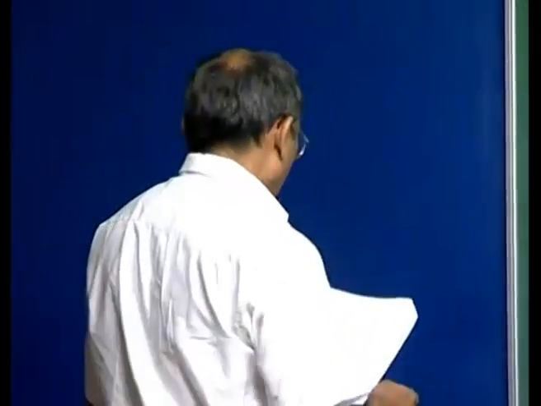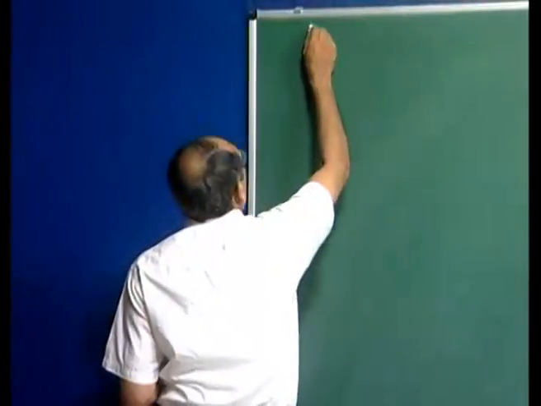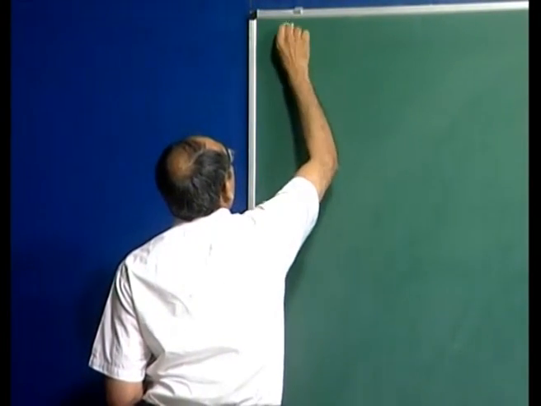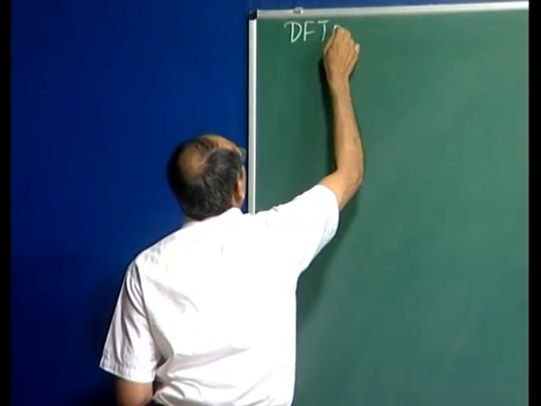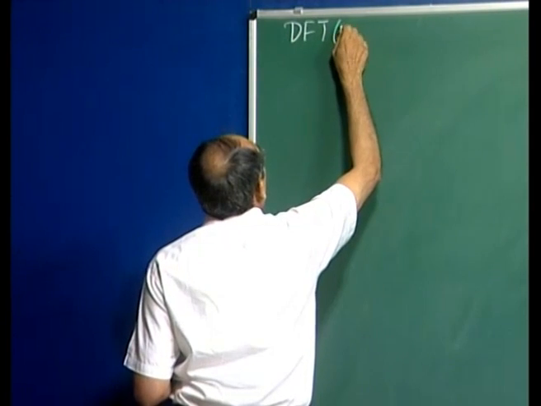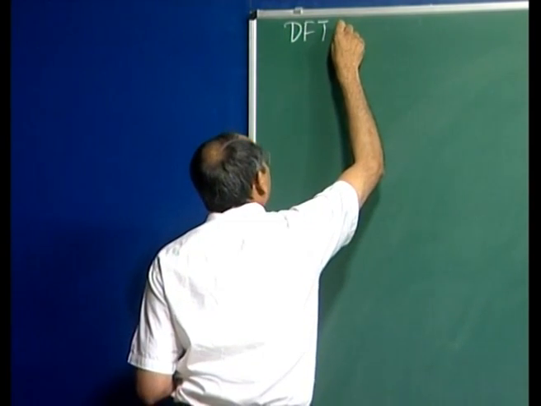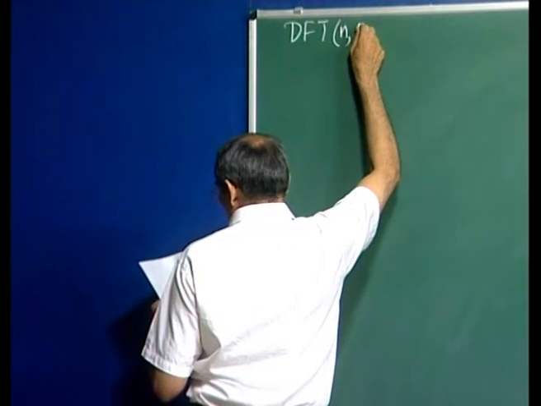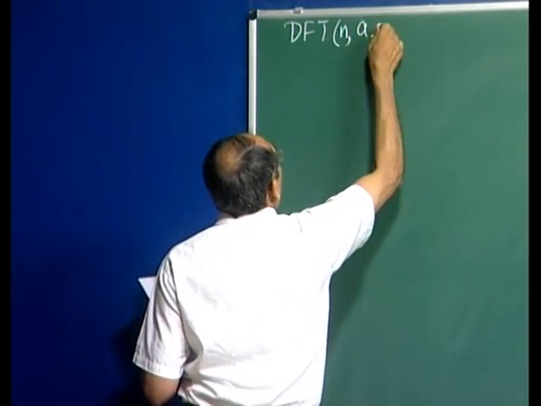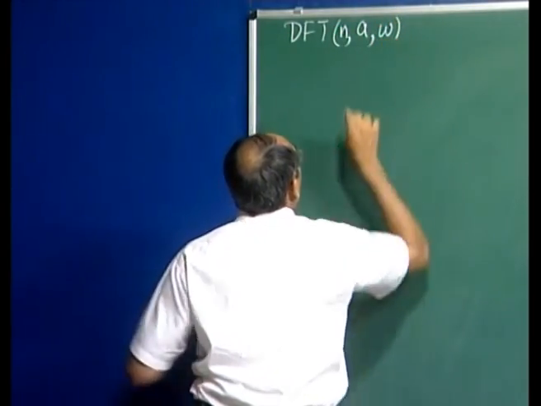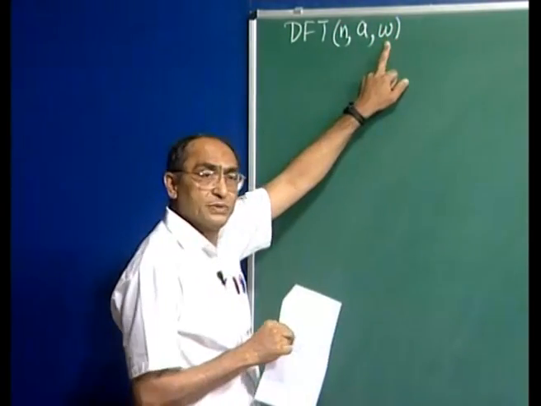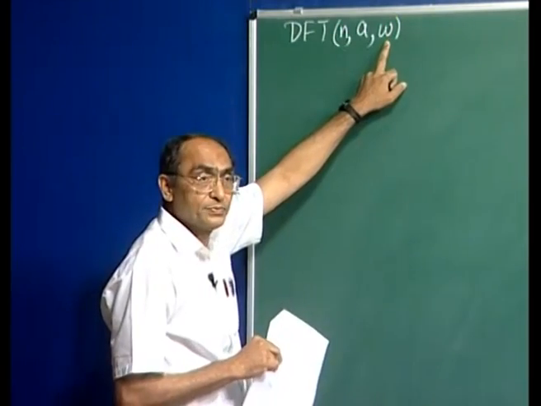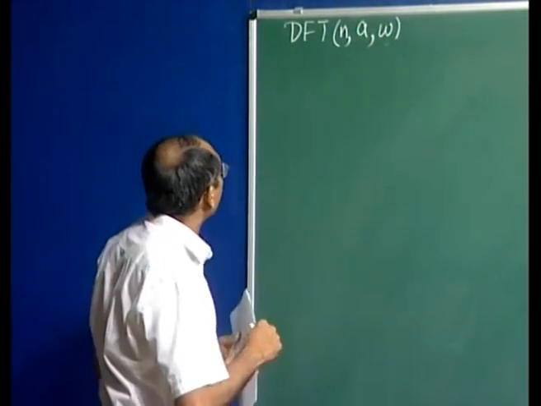So, now let us write down the algorithm. We have a discrete Fourier transform of size n of a vector A, and we also give the nth primitive root.